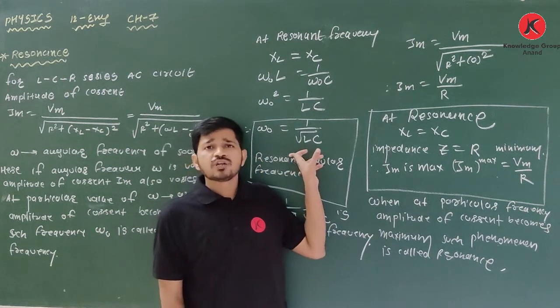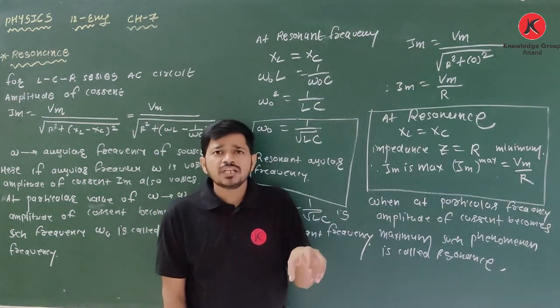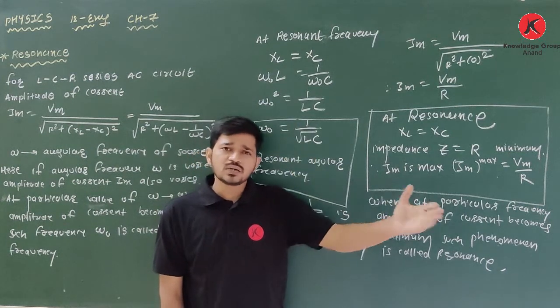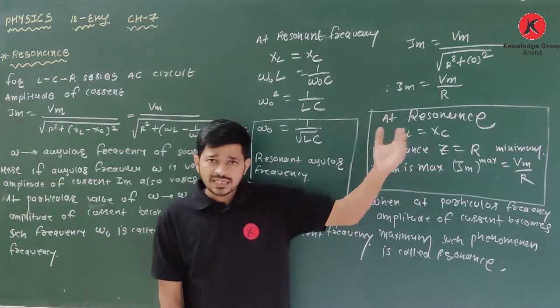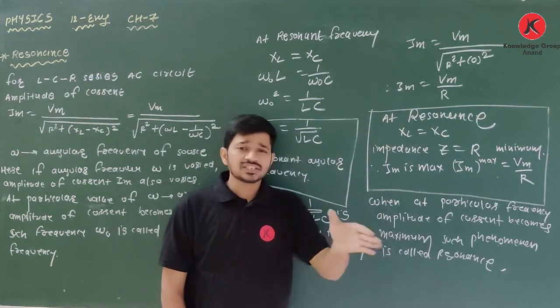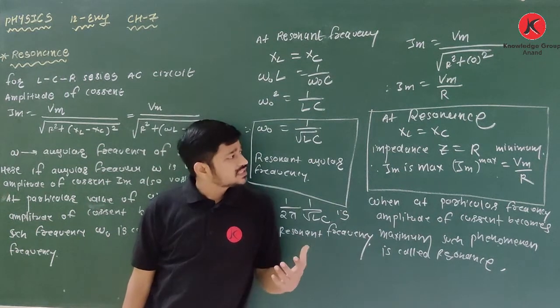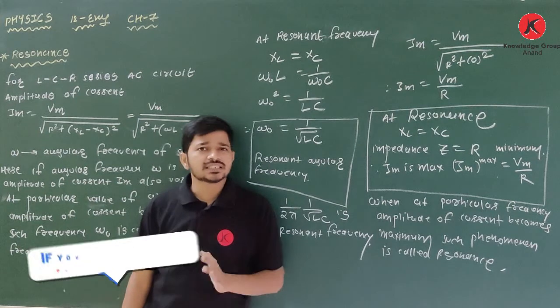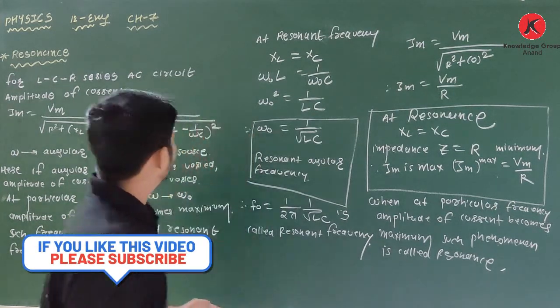If in the tuning circuit this resonant frequency becomes equal to, or near to, the frequency of that given channel, then that channel is set. Clear about this? So yes, it is used in tuning circuit. Okay, so it is about resonance.